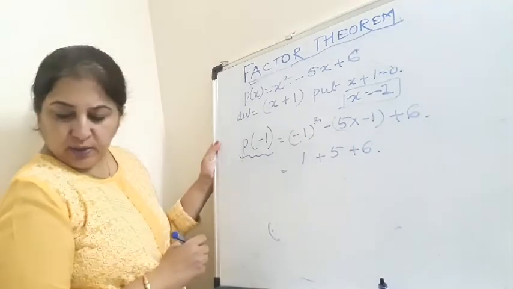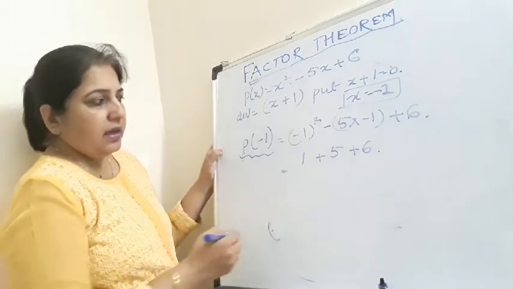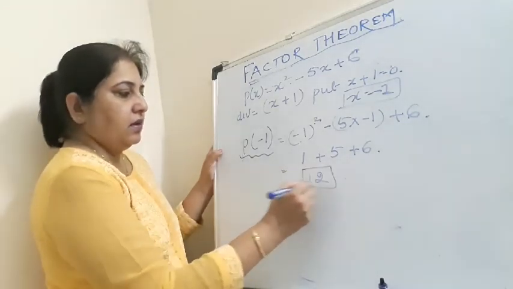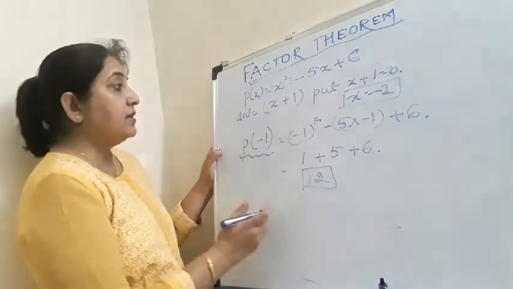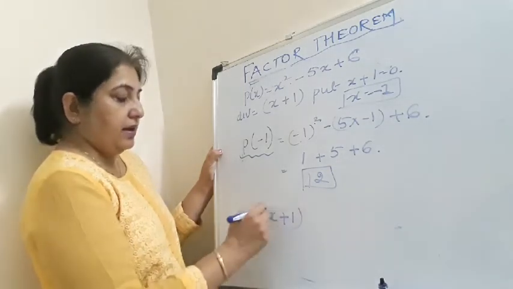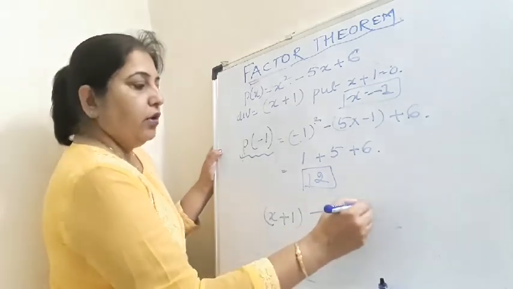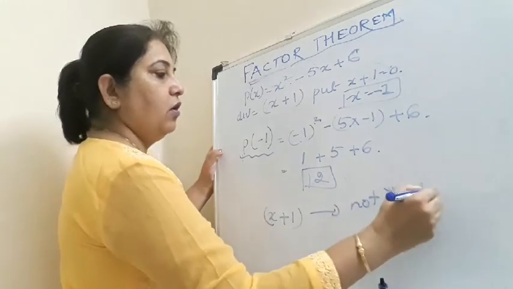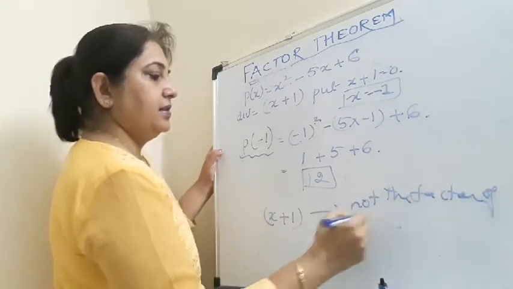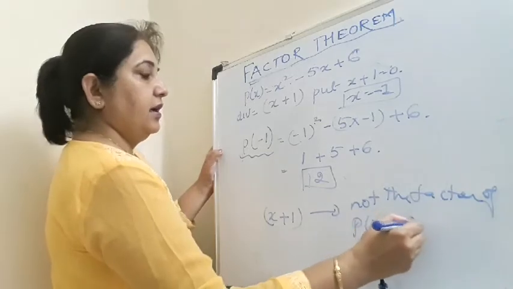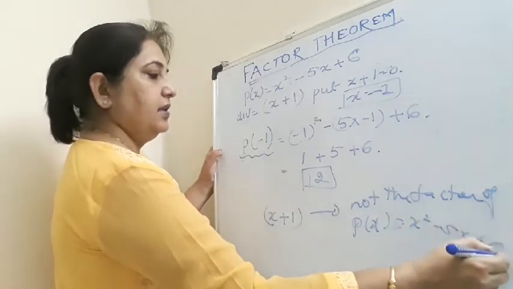Okay, so what do you get? 11 and 1 will give you 12, right? So therefore what will you write? x plus 1 is not the factor of p(x), that is x square minus 5x plus 6.